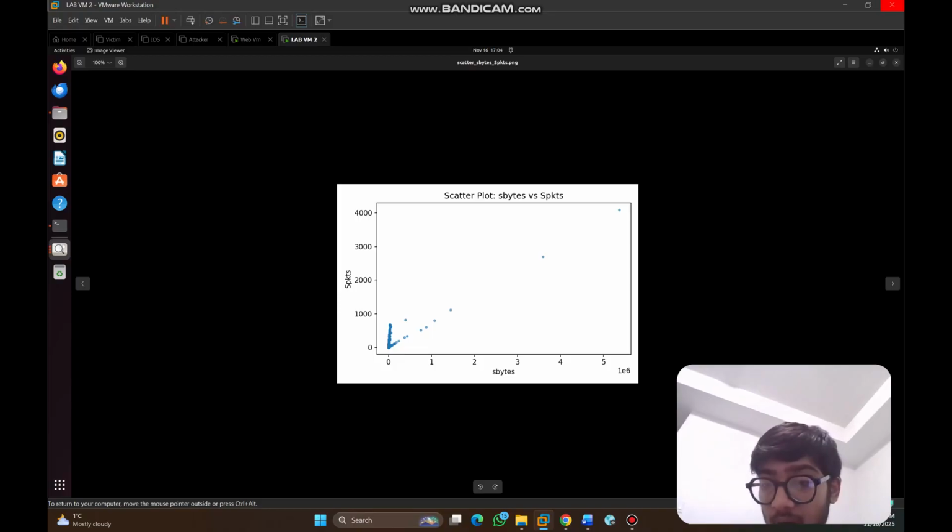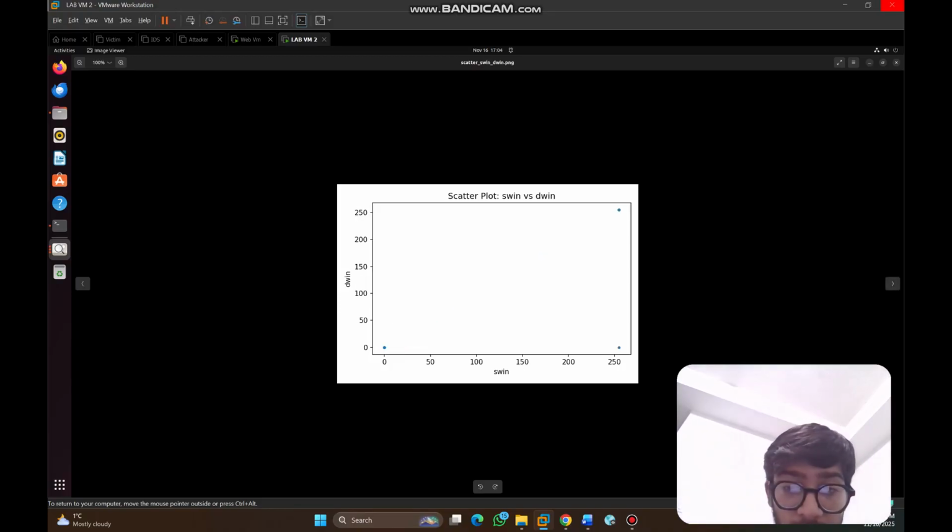For the S-win versus D-win graph, there are clustered points showing multiple traffic patterns where the source and destination window sizes differ, and this helps HSE identify the structural pattern in TCP flow.